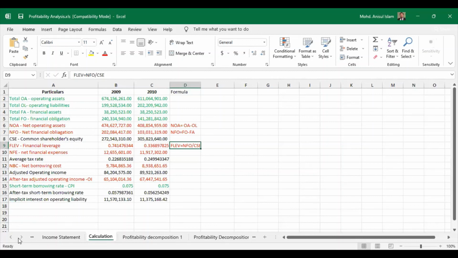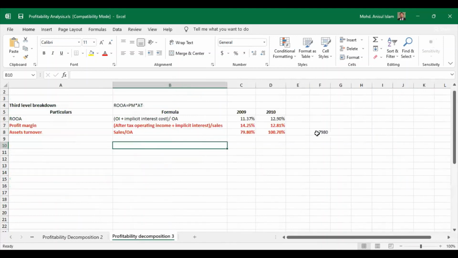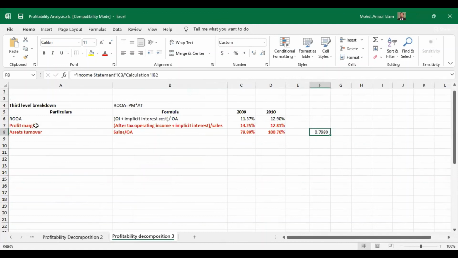So let's return to the decomposition part. We have the asset turnover, and next we would like to calculate the after-tax profit margin.